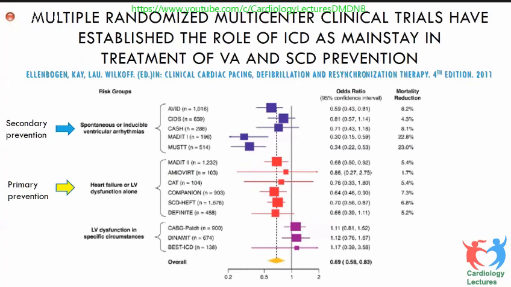Multiple randomized multi-center clinical trials have established the role of ICD as the mainstay in treatment of ventricular arrhythmia and sudden cardiac death prevention. In this diagram, those studies shown here are the landmark studies for establishing our secondary prevention criteria.